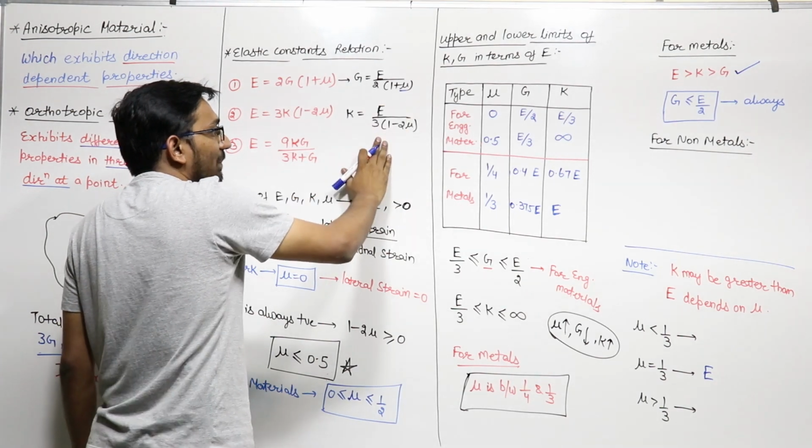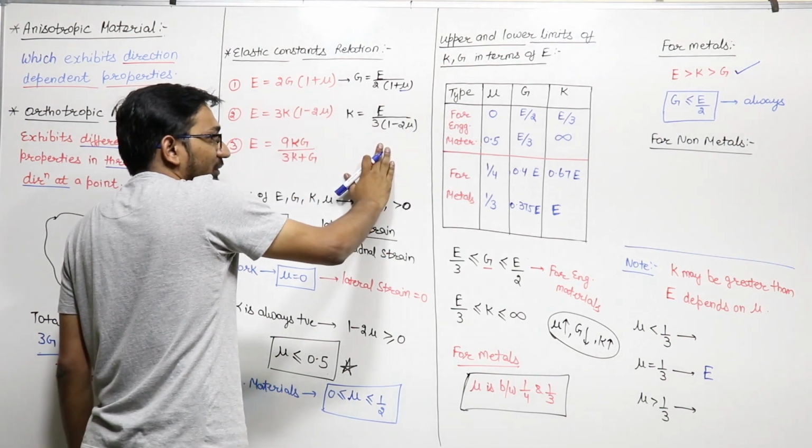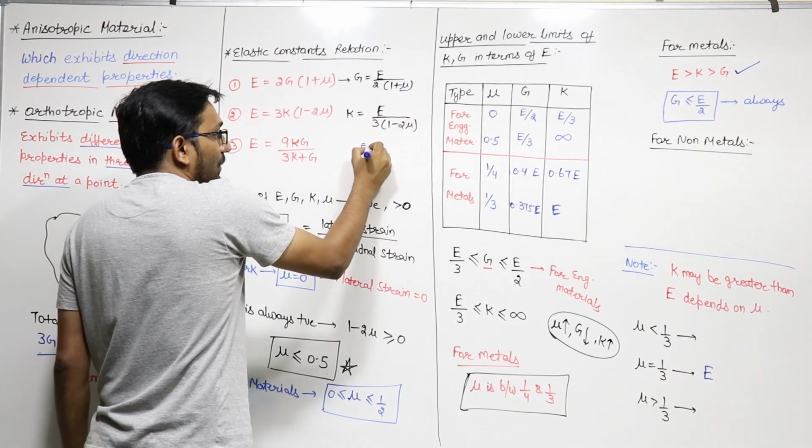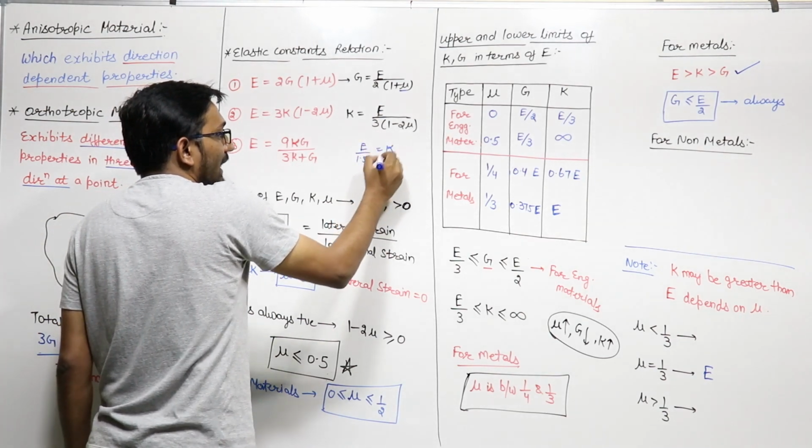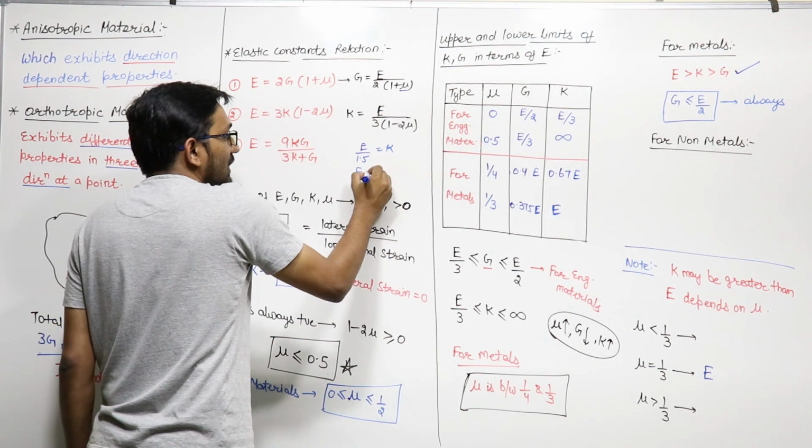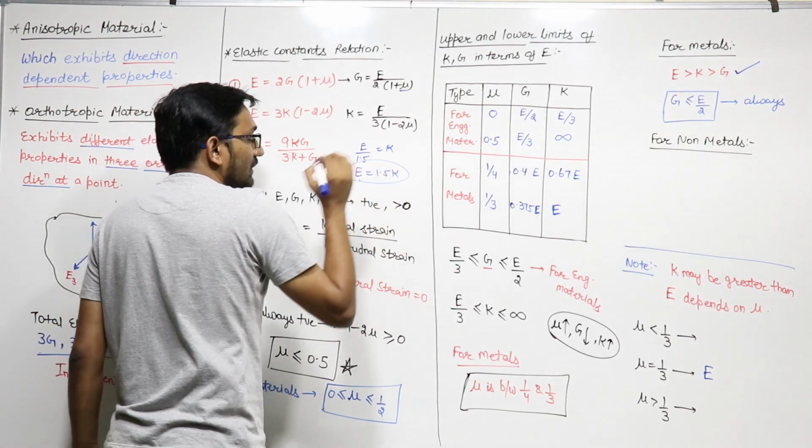So this is E by 1.5, E upon 1.5 is equal to K. So you can say that E is equal to 1.5 times K.